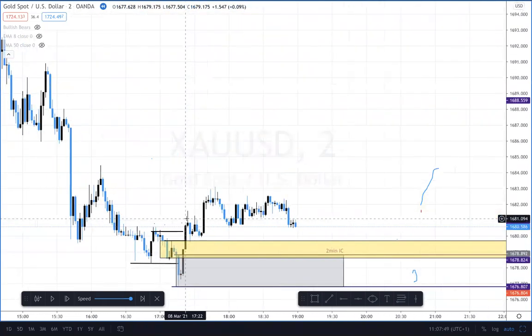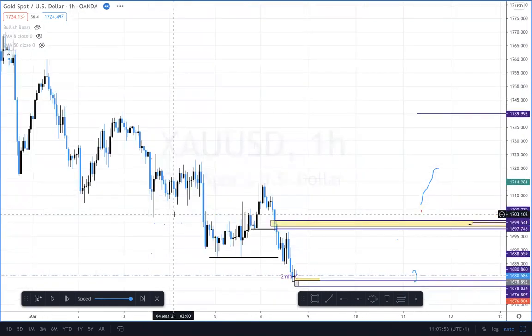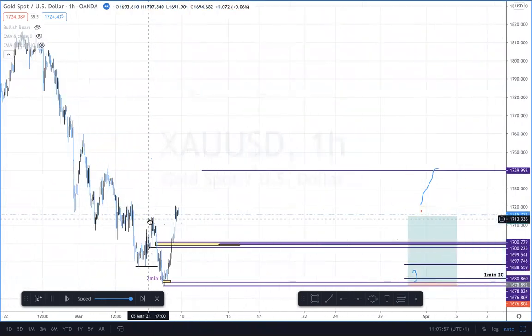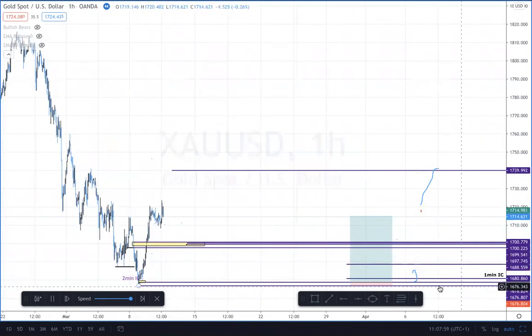Now let's go back to the 1 hour time frame. Let's play and see how price came back and did us justice. Same line, right?